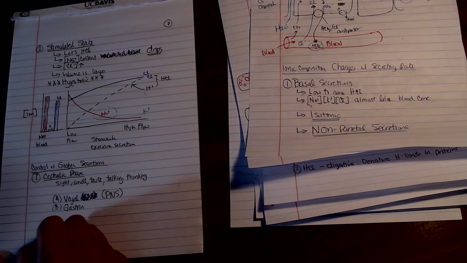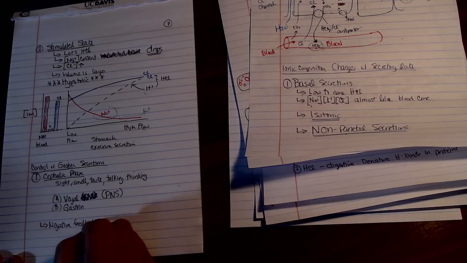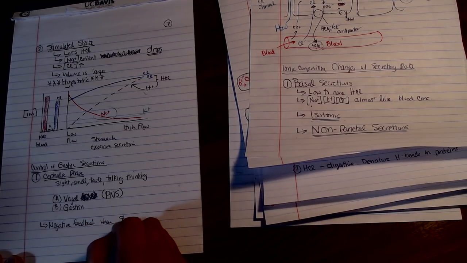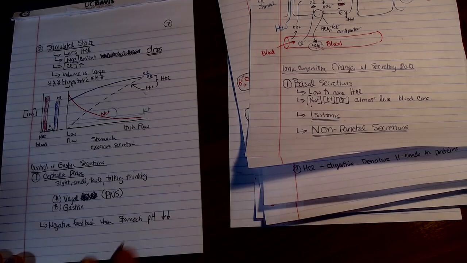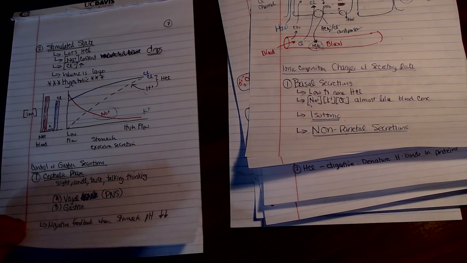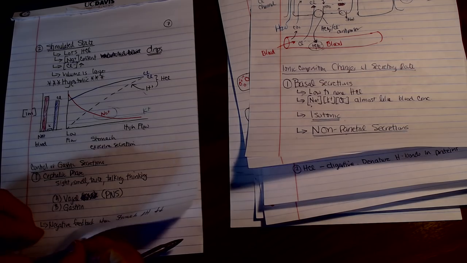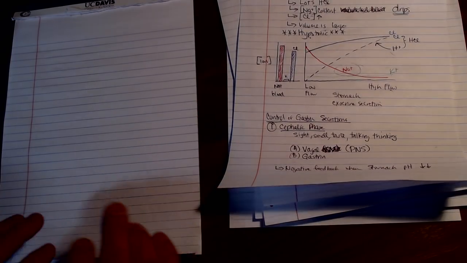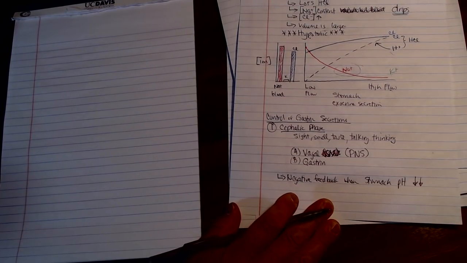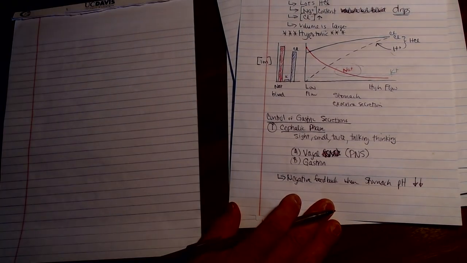You can get negative feedback when the stomach pH drops. In other words, as the stomach gets more and more acidic, you can essentially inhibit the cephalic phase. I'm not talking about inhibiting it to the point where it becomes zero, but it begins to drop a bit.